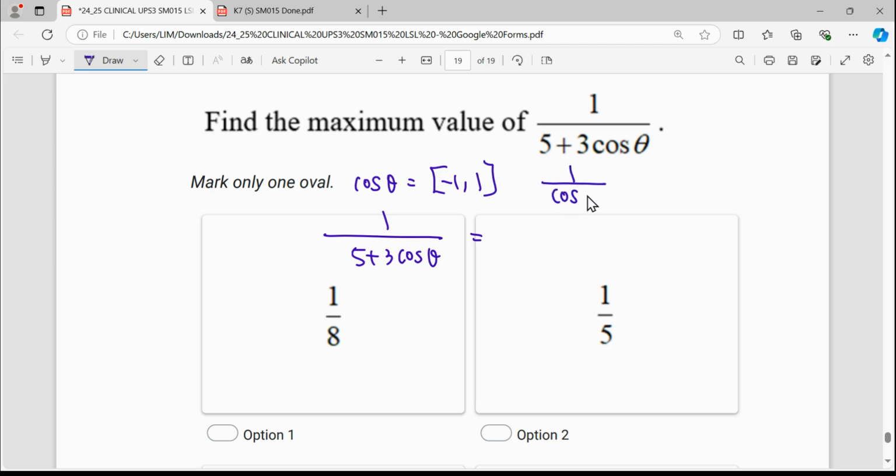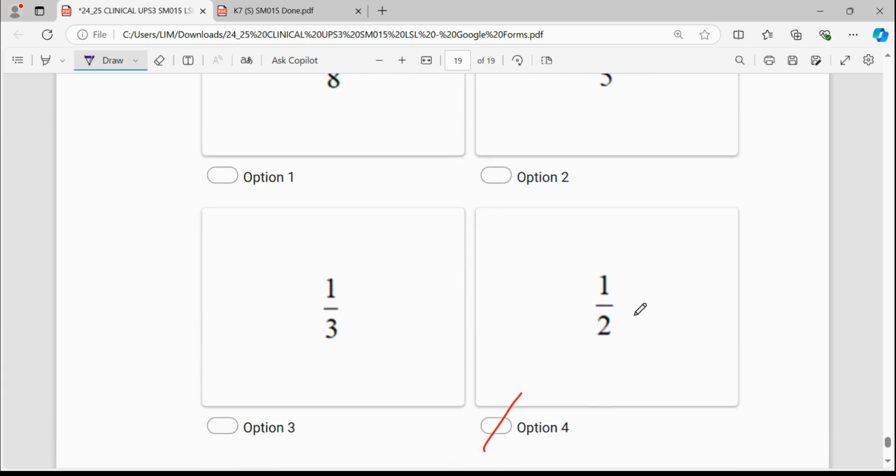So for 1 over cos theta, the maximum value will become -1. The minimum value will become +1. So therefore, to find this maximum value for this cos theta, when it is inverse, we will take the negative. So 5 minus 3 will be equal to 2. So here we have our option.